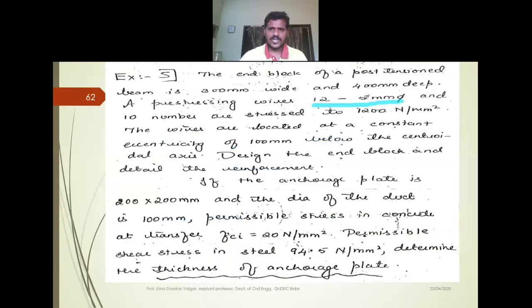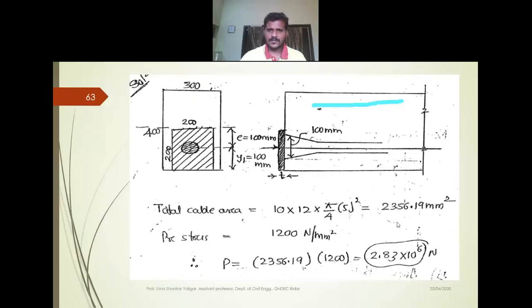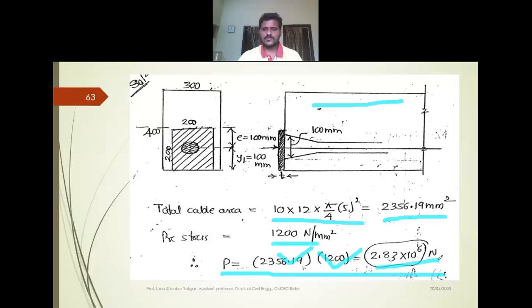Because of that, here we need to multiply 10 into 12 times of pi by 4 into 5 square. This is the area we will get. Then pre-stress he has given 1200 Newton per mm square. Therefore, pre-stressing force is equal to stress into area. Substitute this, you will get 2.83 into 10 raised to 6 Newtons.